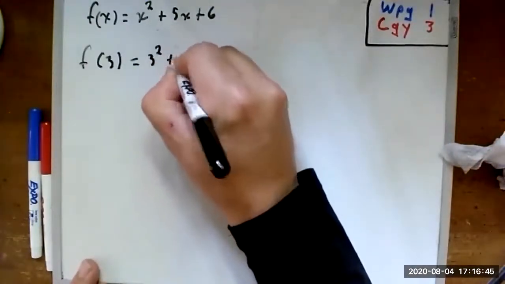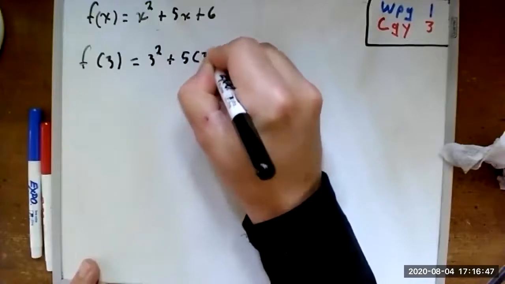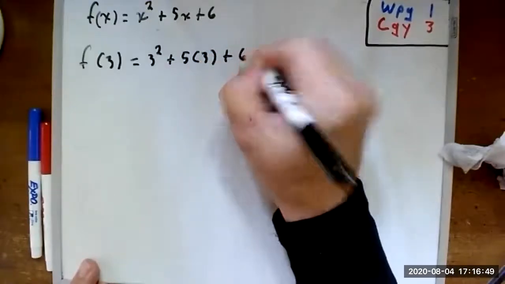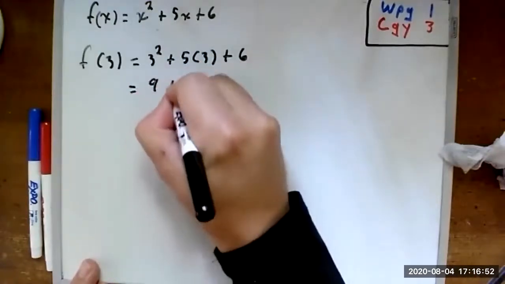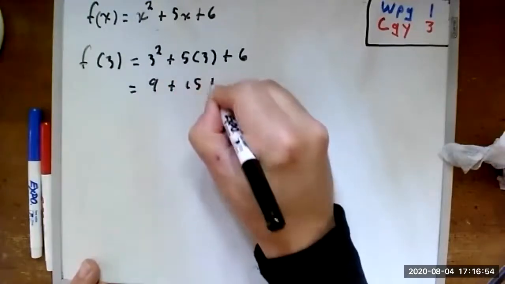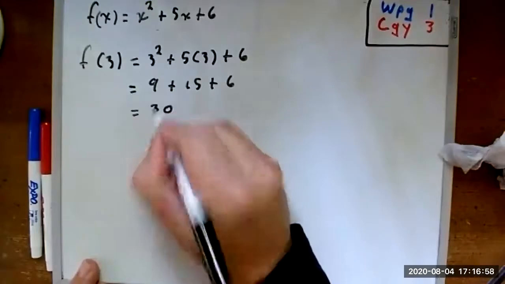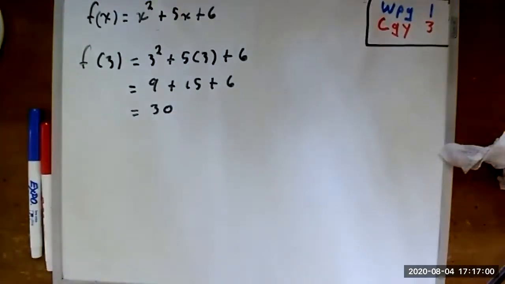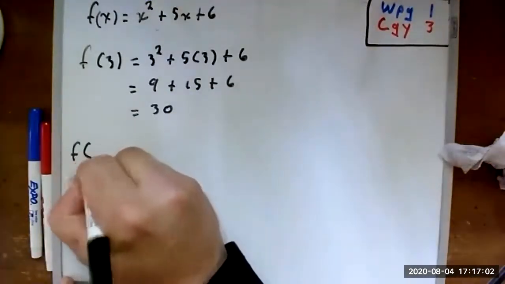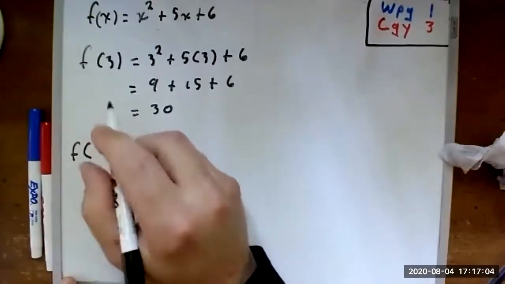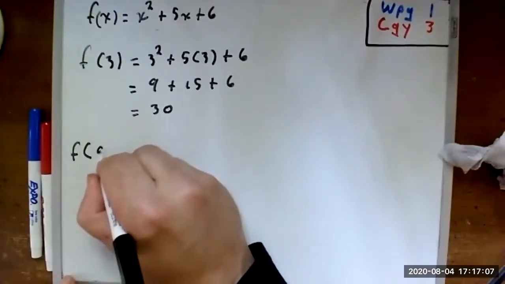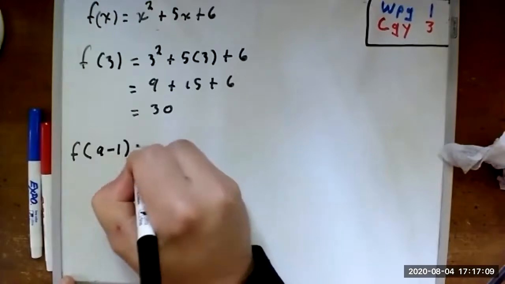If we were asked to evaluate f of 3, that would simply be replacing our x values with 3. So that becomes 3 squared plus 5 times 3, which gets us 9, plus 15, plus 6, which gets us to 30. No problem.